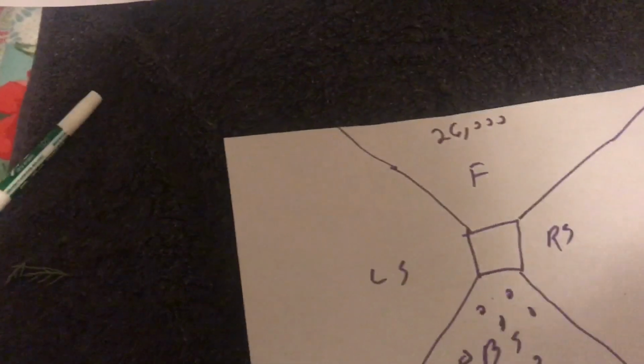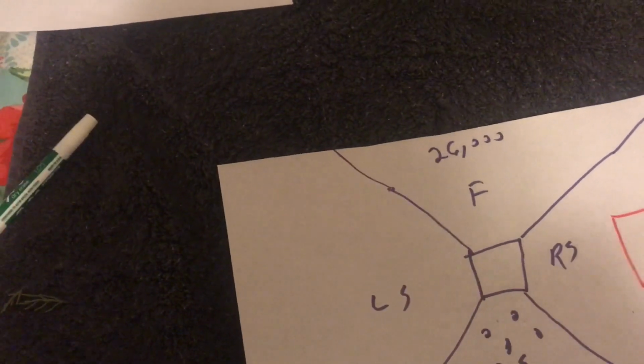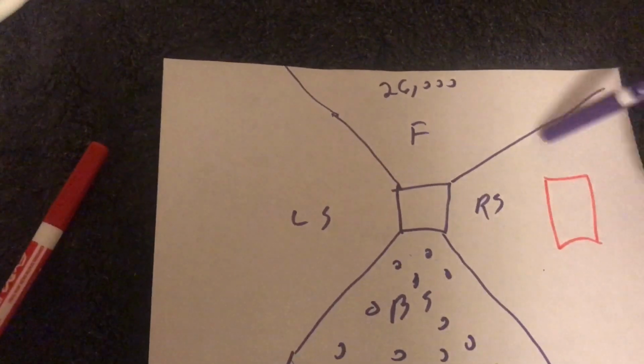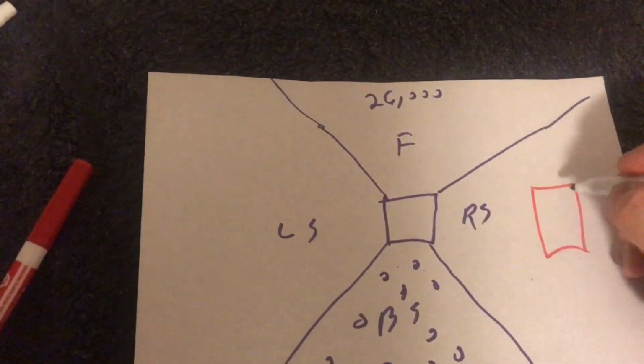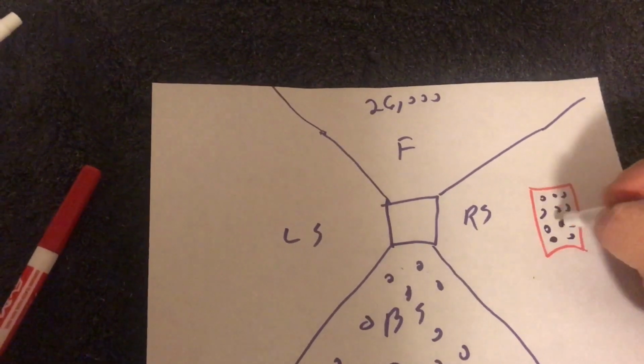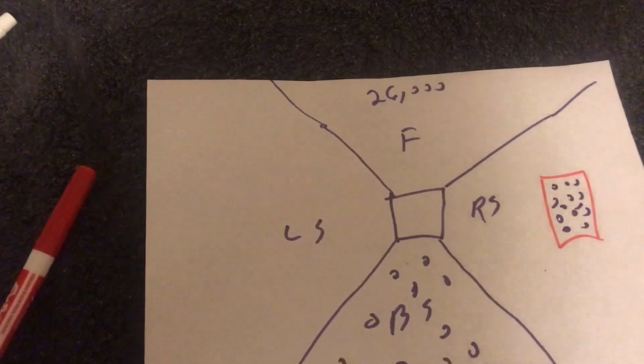Let's say you have a bad spot right here that nothing grows in. You would take all your samples in here, that would be one test, and then you would take samples in here, and that would be another test. So in that case, we would have 5 tests here.